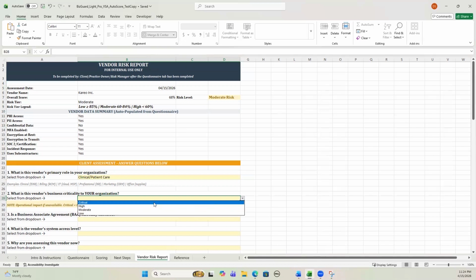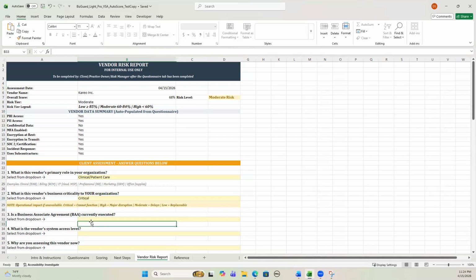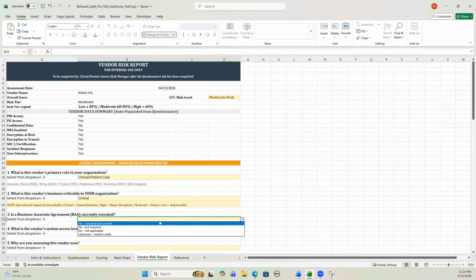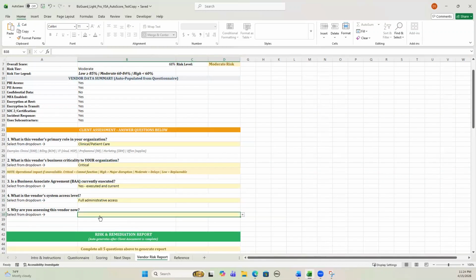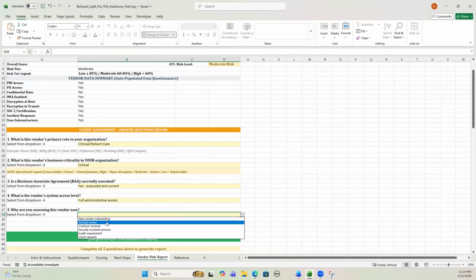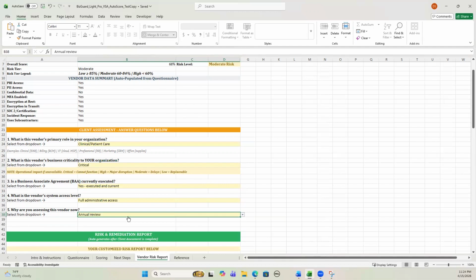We would say critical. Is the business associate agreement currently executed? We say yes. What is the vendor's system access level? Full administrative access. And why are you assessing this vendor now? We would say annual review, so it's renewal.